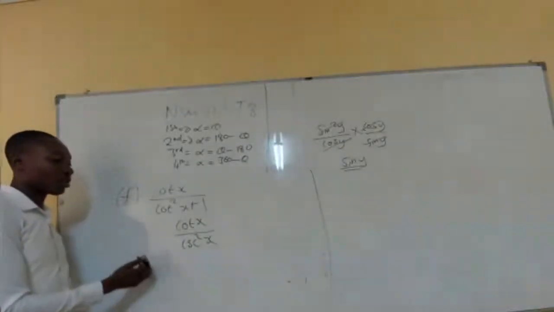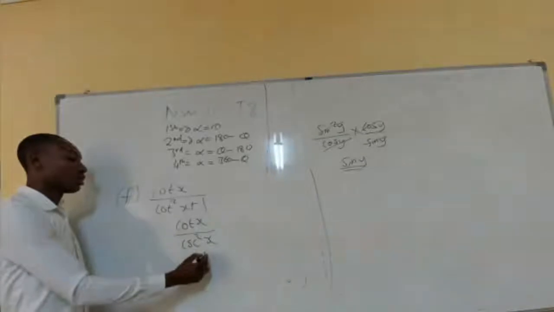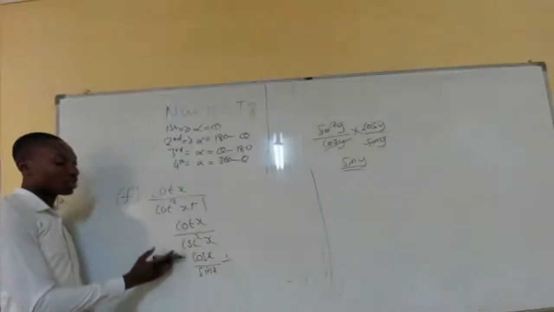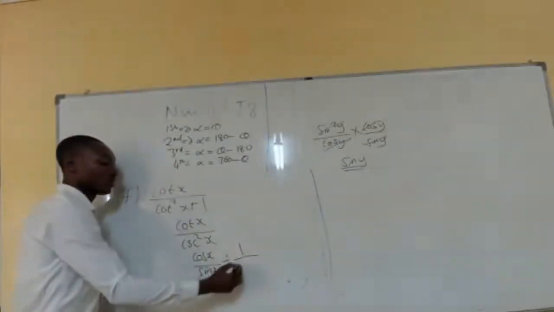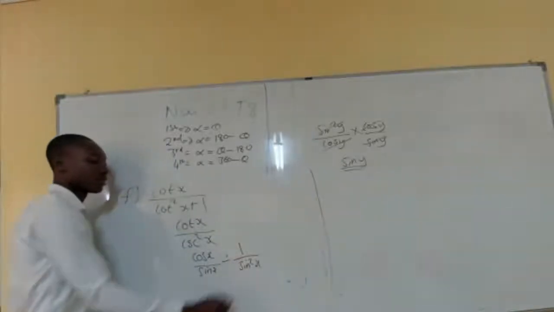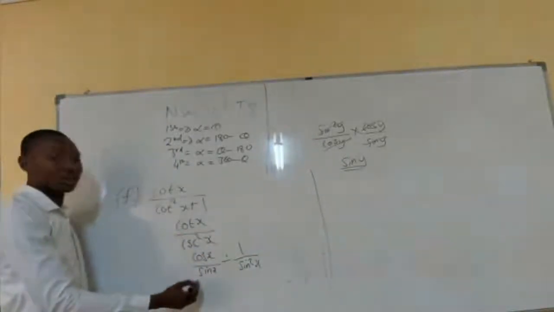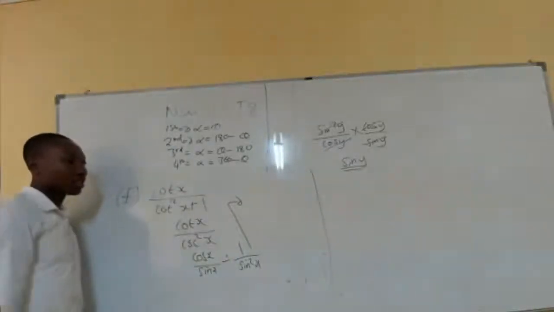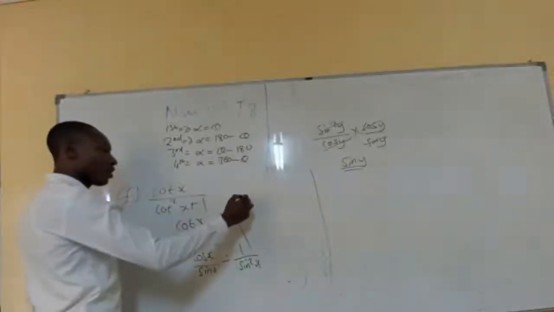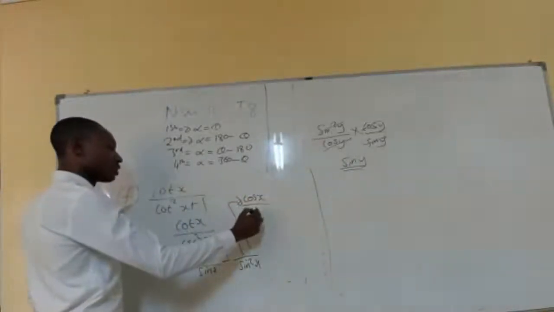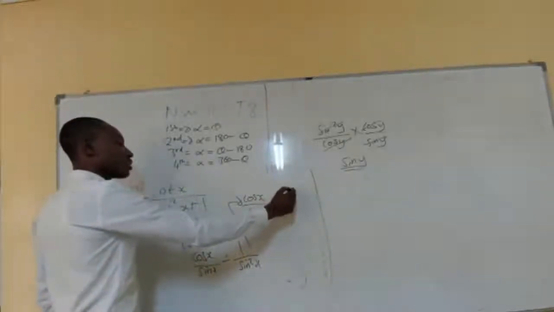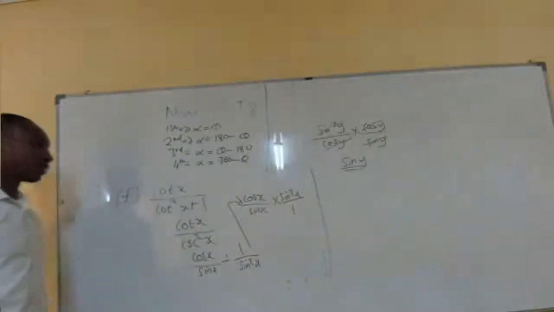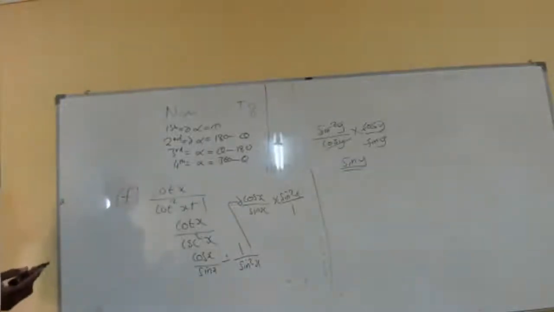We know that cot x is the same as cos over sine, so we have cos over sine divided by, we know that cosec squared x is the same as 1 over sine squared x. This ends up being cos x over sine x multiplied by sine squared x over 1, because it flips, right?